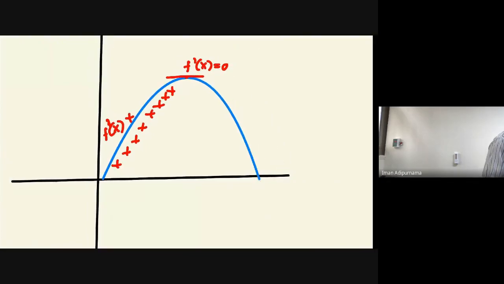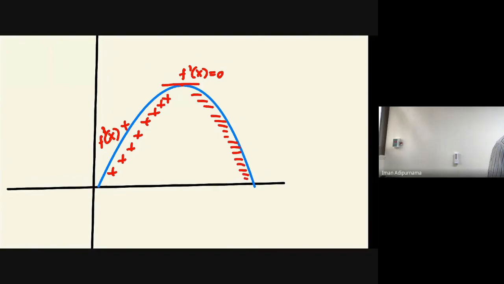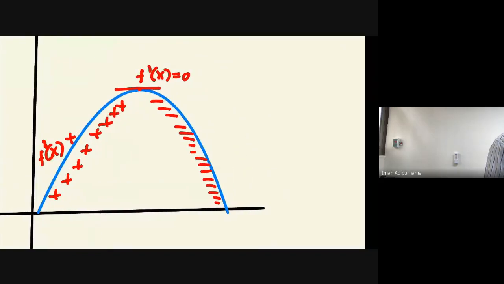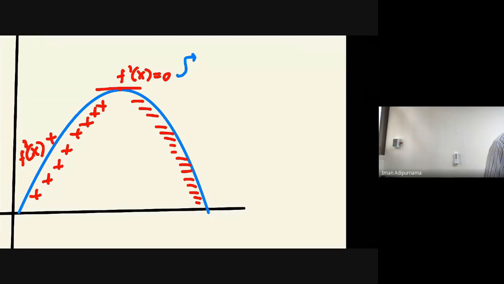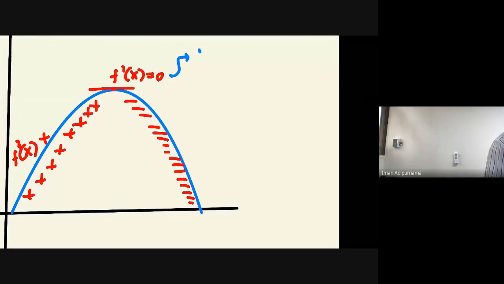At the specific point here, at the horizontal one, the gradient is 0. When the gradient is 0, what just happened on this curve? It's positive and then negative, right? We can call this the turning point.